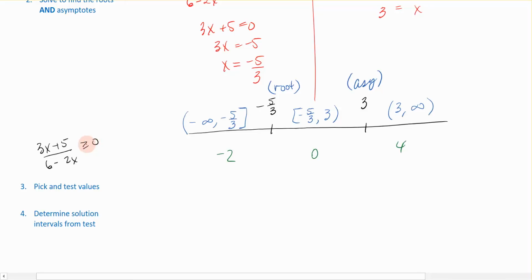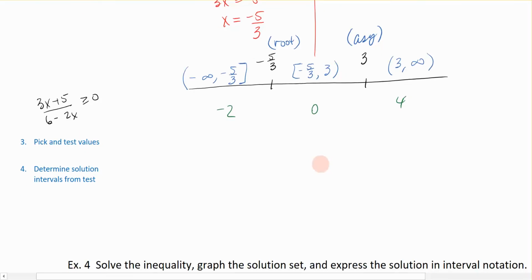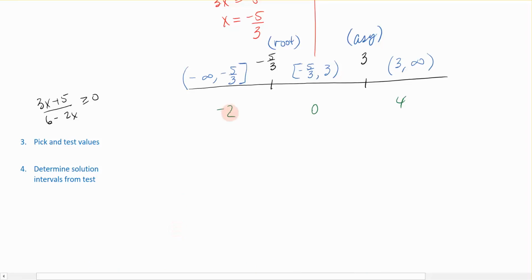When I test negative 2 in my function, I'm going to say 3 times negative 2 plus 5, divided by 6 minus 2 times negative 2. We plug that whole thing in and simplify it. So this is negative 6 plus 1, which would be negative 1. And this is 6 plus 4, which would be 10. So that's a negative value.